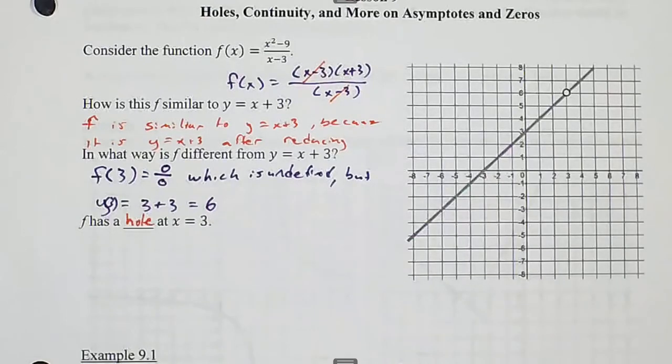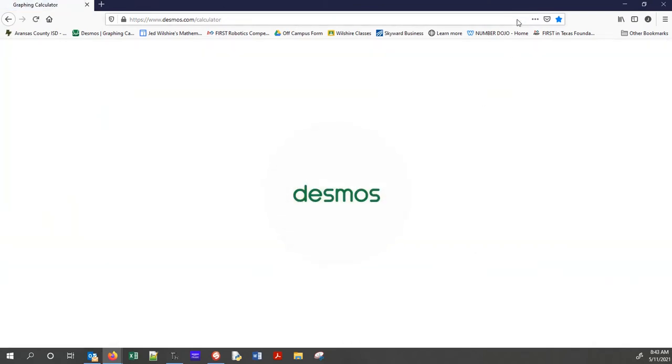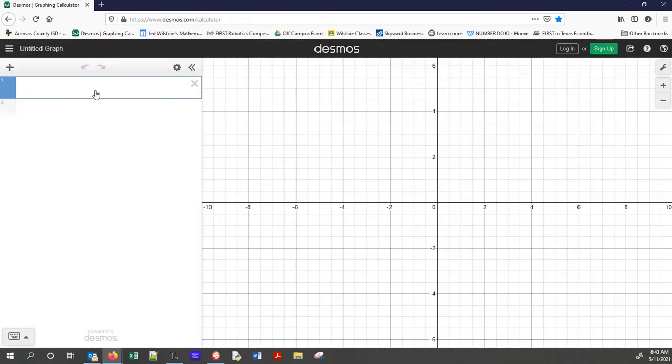All right, I want to go ahead and take a look at a graph of this. I think it's worthwhile to see how this would work out on a graphing calculator. We'll use the Desmos system again. If it'll load. Okay, so we're looking at f of x is equal to x squared minus 9 over x minus 3.